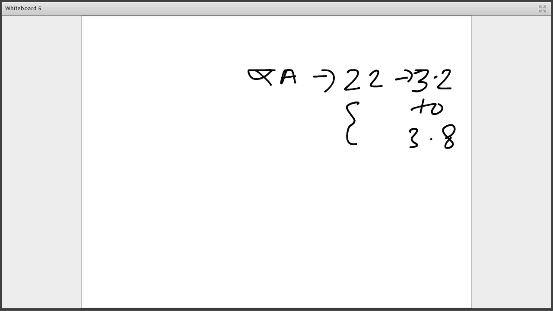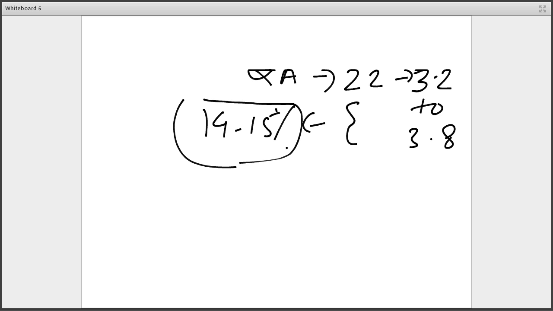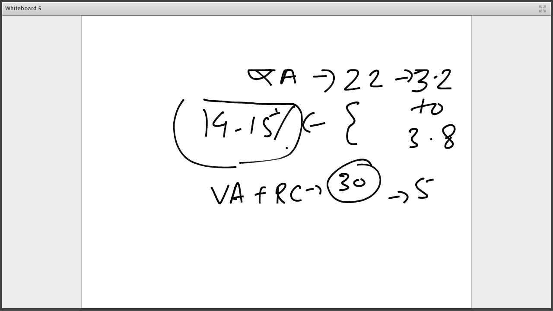If you see, this transforms to 14 to 15%. Similarly, when we talk about other sections, for example VA plus RC, which is around 30 marks in total, you will have a cutoff in the range of 5.5 to 6.5 marks.